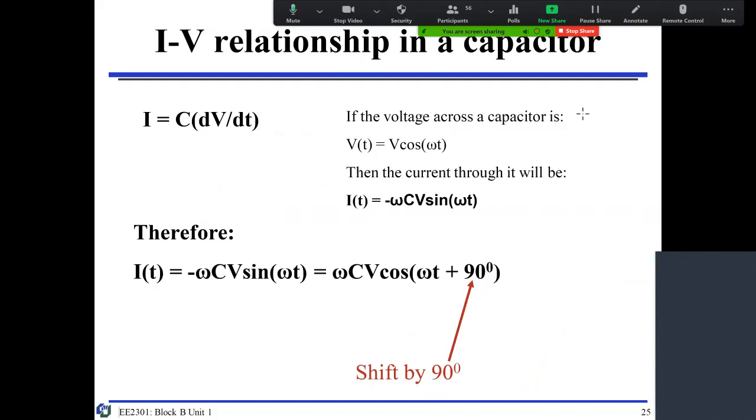On the other hand, if I put a sinusoid going into a capacitor, the capacitor will do a differentiation of it. So what you are going to do is actually have a shift by 90 degrees. If you have a cosine here, do a differentiation here, then you end up with a cosine plus this one. That means you have phase lead.